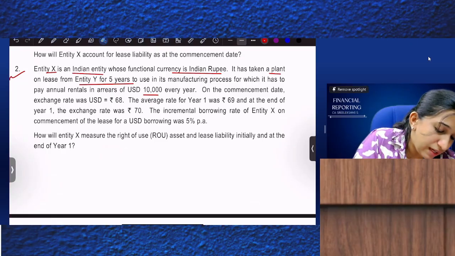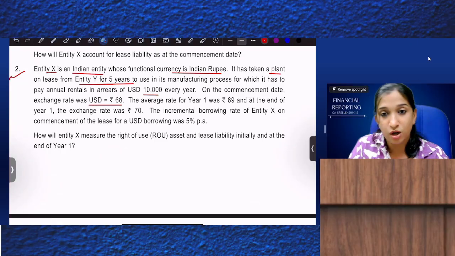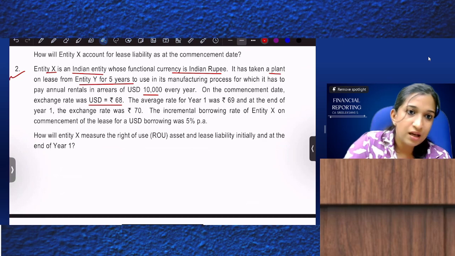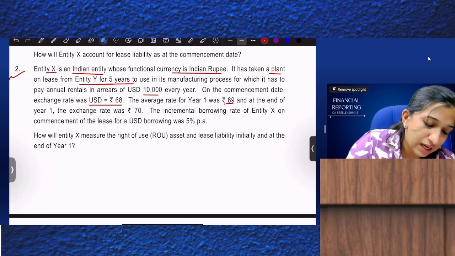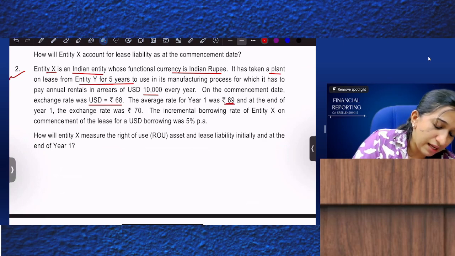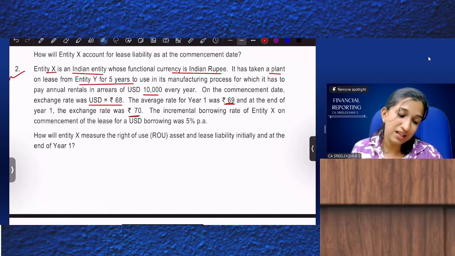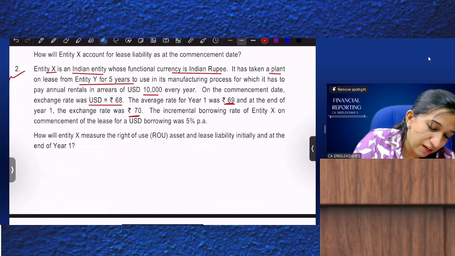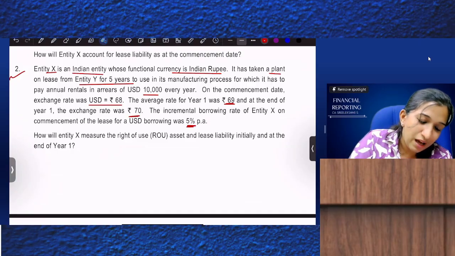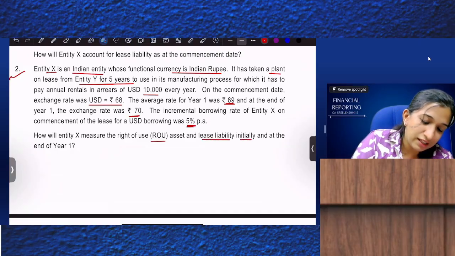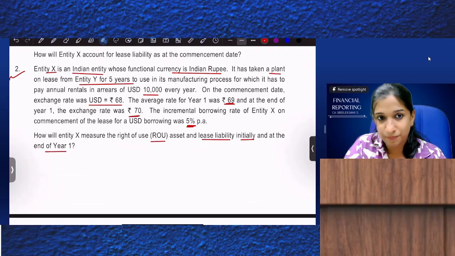On the commencement date, the exchange rate was $1 equals 68. Average rate is 69. At the end of year 1, the exchange rate is 70. Incremental borrowing rate is 5%. How will the ROU asset and lease liability be recorded initially and at the end of the first year?